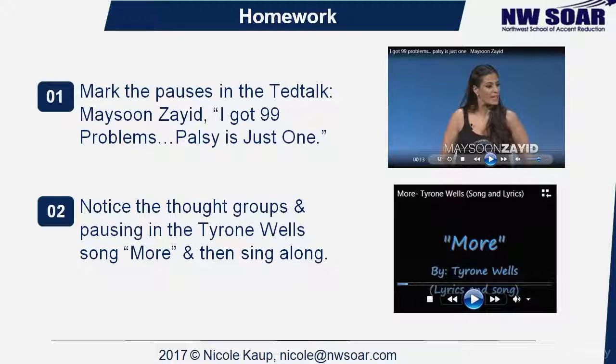Now, singing is excellent for improving your pronunciation, so I want you to really sing along. Don't be shy. Sing for yourself. Sing in a closed room. Sing out in the forest. Sing somewhere where no one will hear you if you're a little shy. Okay, so this is a nice, quiet, calm song. It's called More by Tyrone Wells.